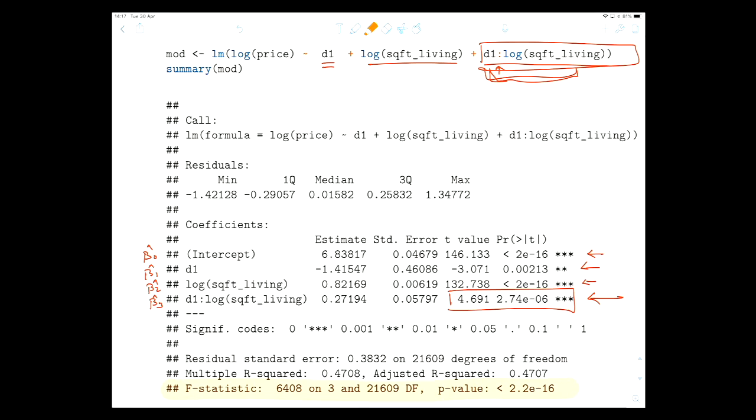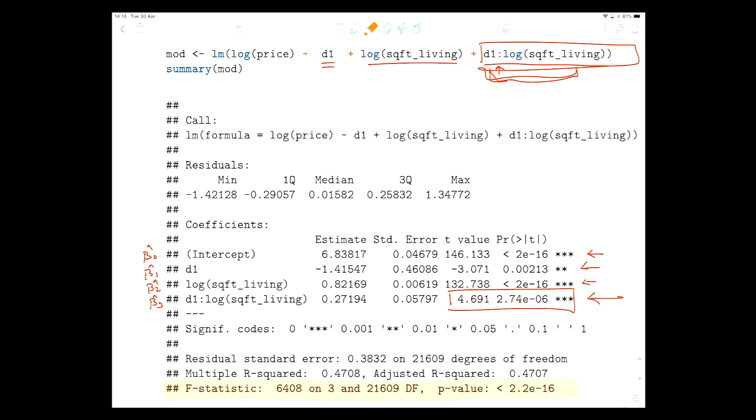In this case, the interaction term is significant, which means that having different slope and different intercept is a better model than having same slopes but different intercept.